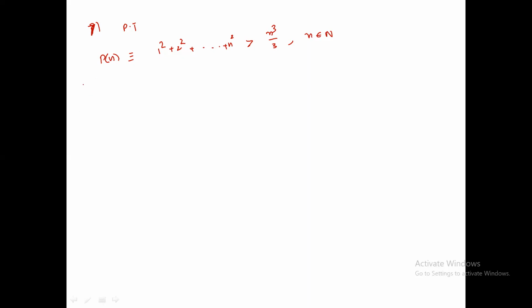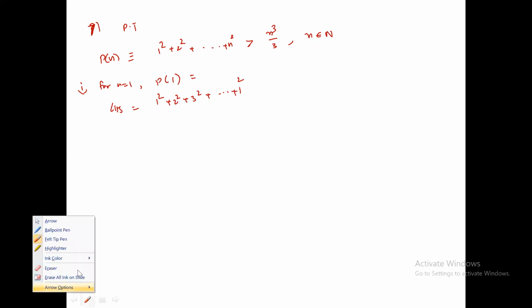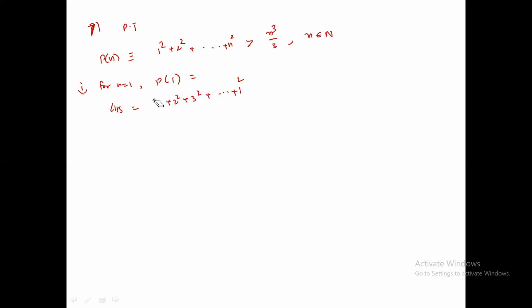So first in the statement, I will put n equal to 1. For finding P of 1, I will take the left hand side: 1 square plus 2 square plus 3 square up to n square. Because n is 1, I need not take all these.